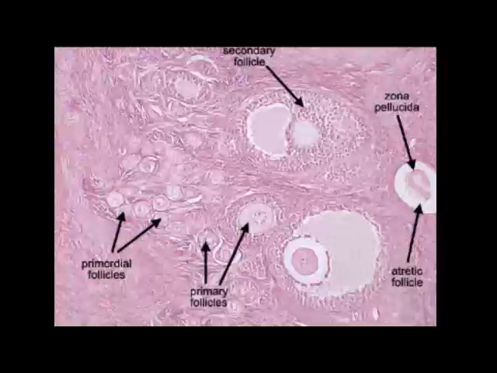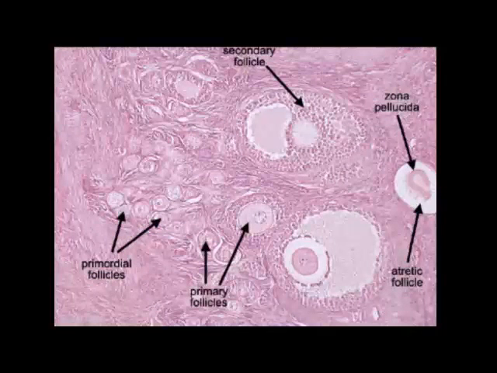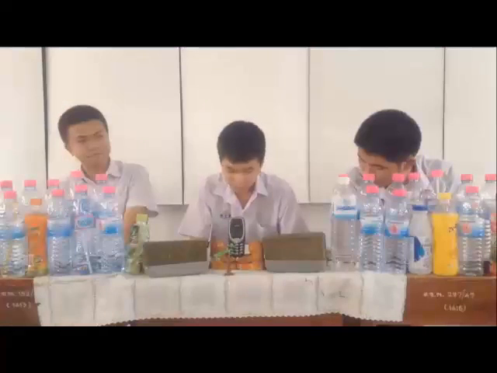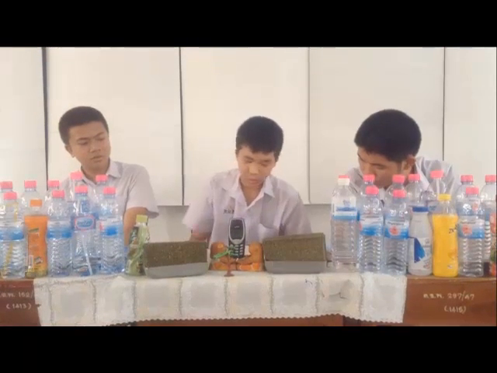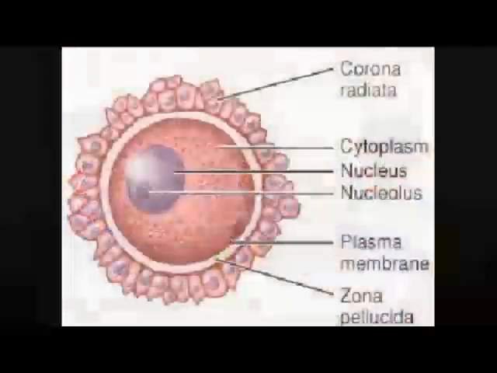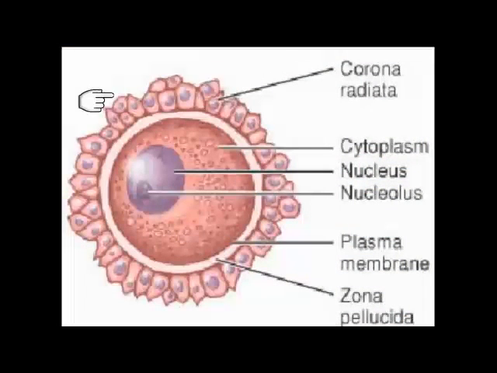The granulosa cells cause the oocyte to differentiate to form a protective outer layer called the zona pellucida. Layers of follicular cells attach to the zona pellucida to form the corona radiata.